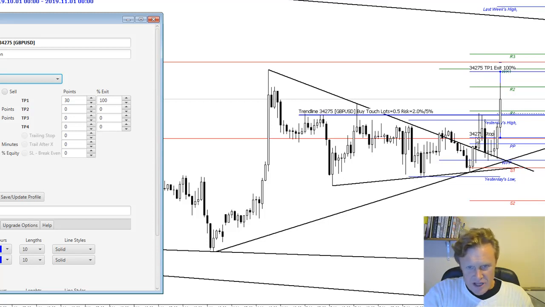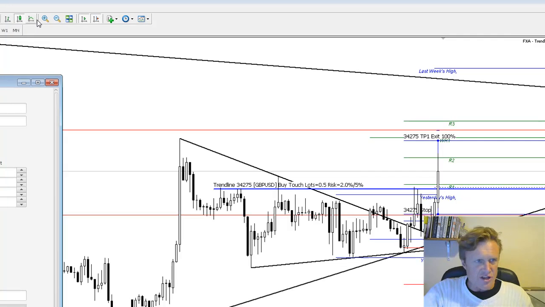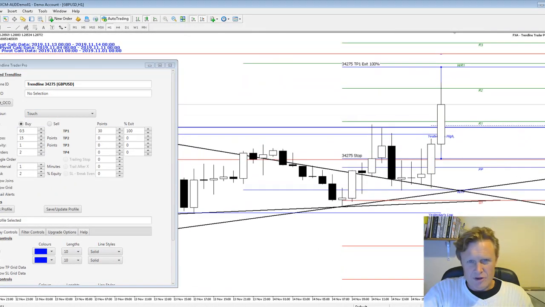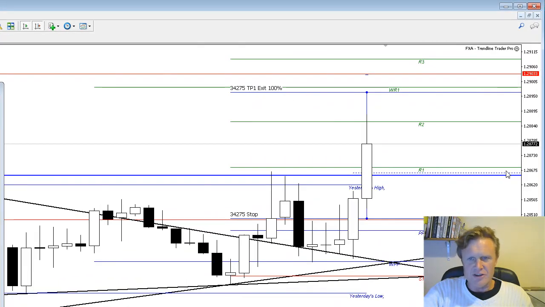Down here, slightly hidden by the chart, we've got a stop level which we've just defined at 15 pips below our trend line, which is this support level. Let me zoom in a bit. This dotted line just above our trend line is our trigger zone, where the trade actually triggers.